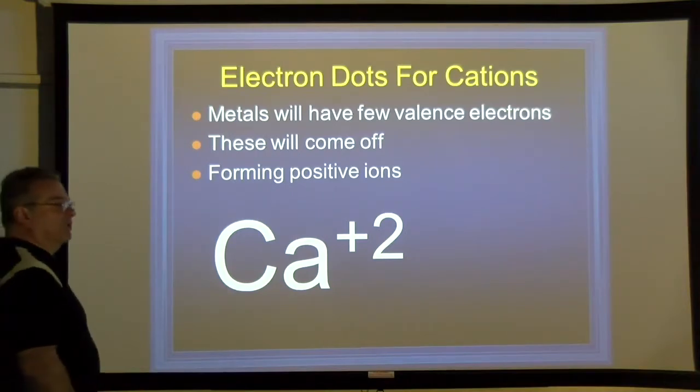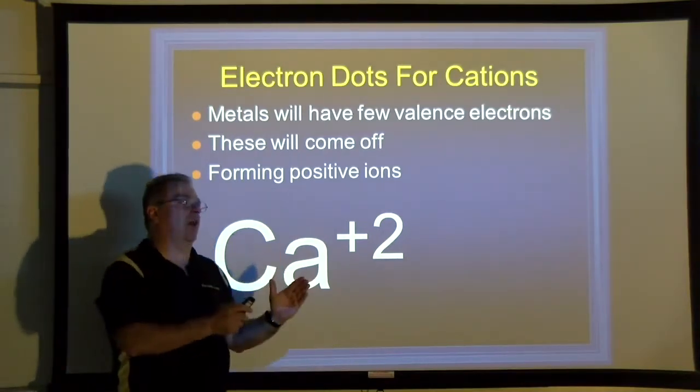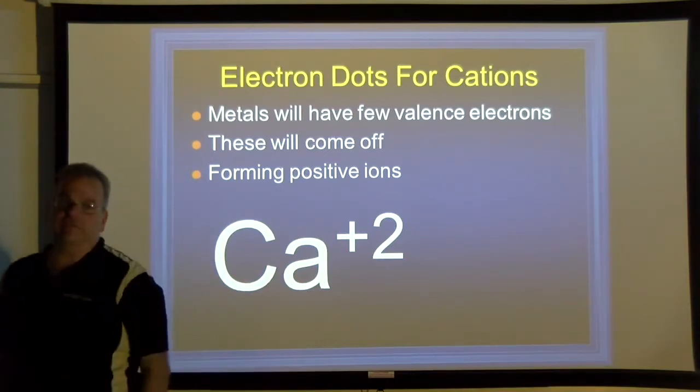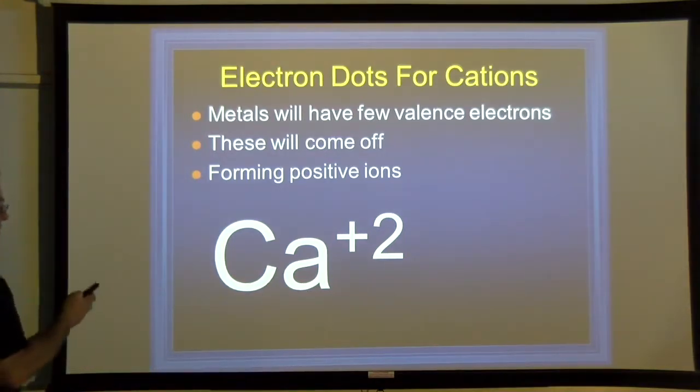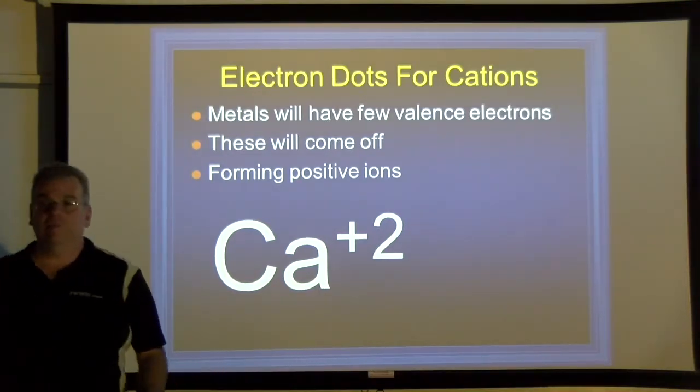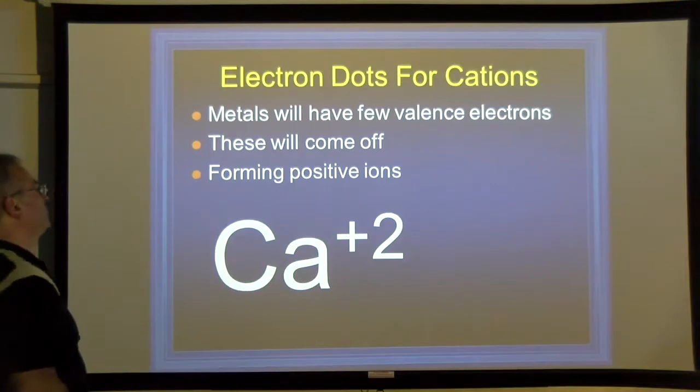Therefore, it becomes more stable. So when something starts out less stable and then becomes more stable, energy is released. That's important to know. So when these metals lose their valence electrons and become these ions, they're becoming more stable, so energy is going to be released.